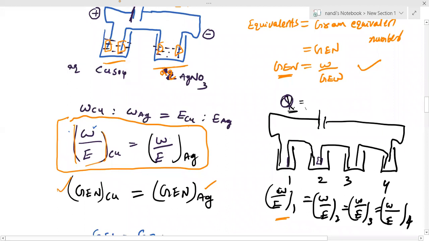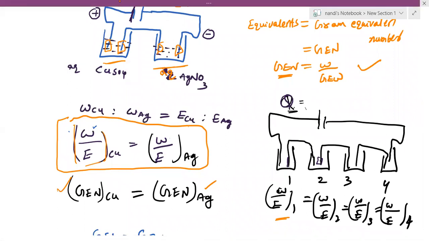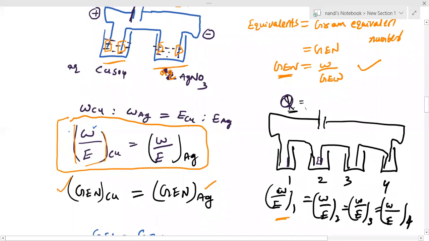When the same amount of electricity is sent and they are connected in series, the amount of substance at the electrodes is equal in terms of equivalents. I can equate any two substances in equivalents, in terms of gram equivalents. If I get that one, we can do a few numericals.